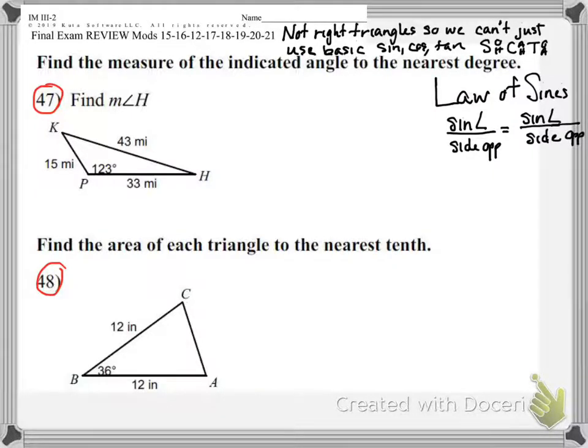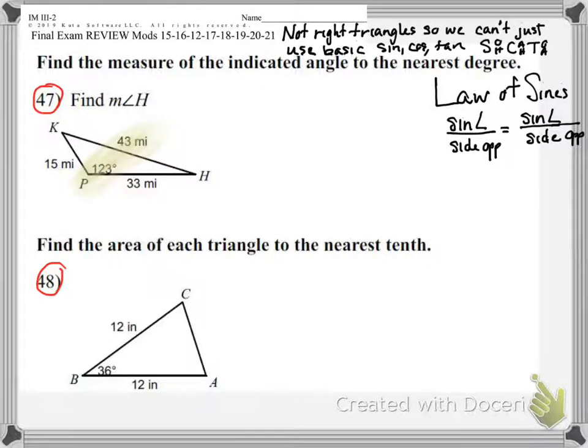In order to be able to use law of sines, I need to look at the picture and see that I have three sides here, but I need to be able to see that I have this angle, and I have the side that's opposite from this angle. Oh, I really lightened up my highlighter. Okay.